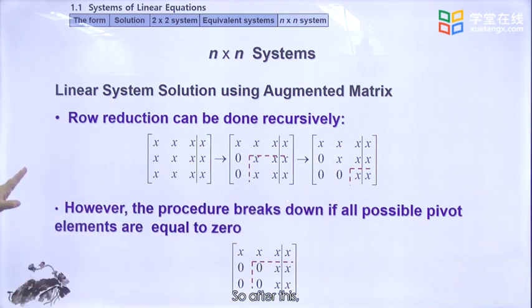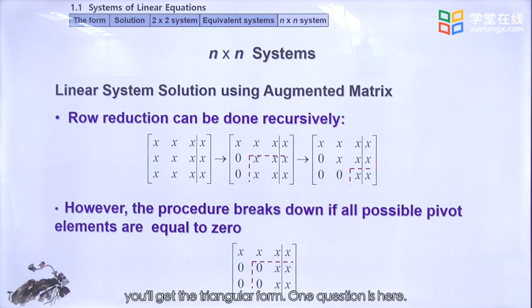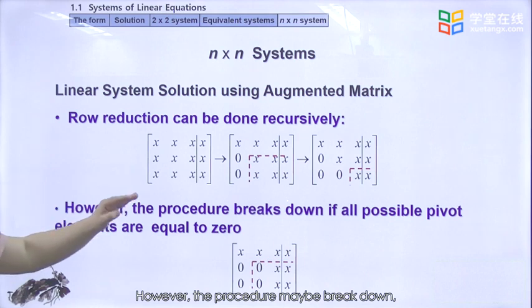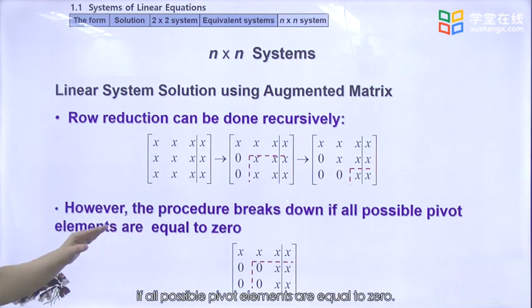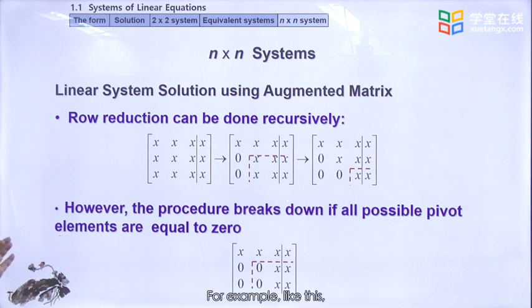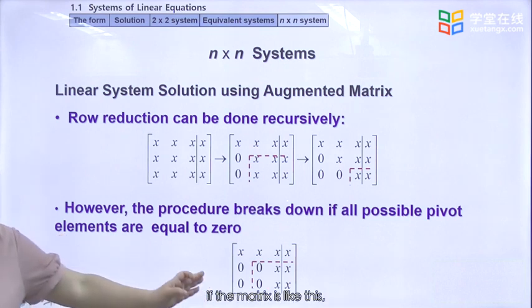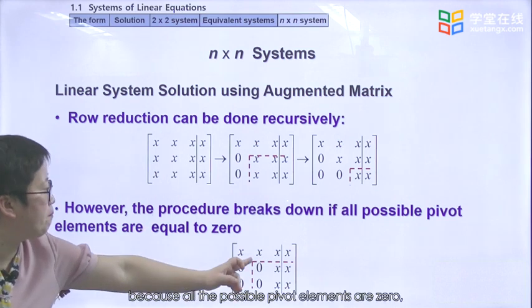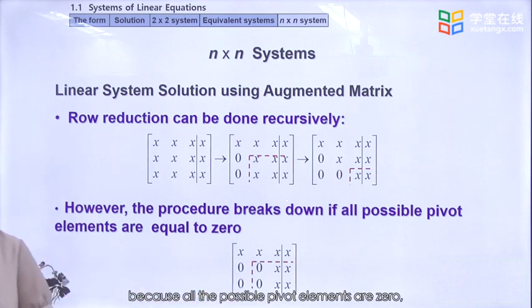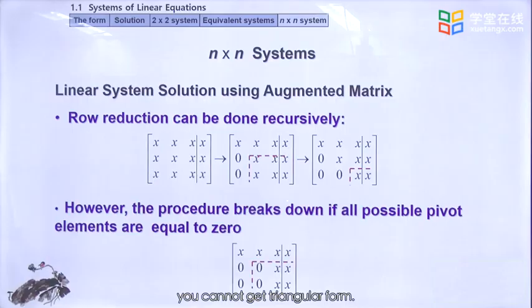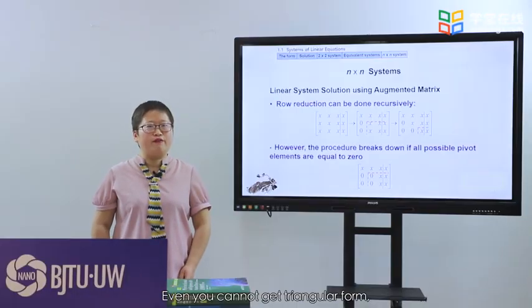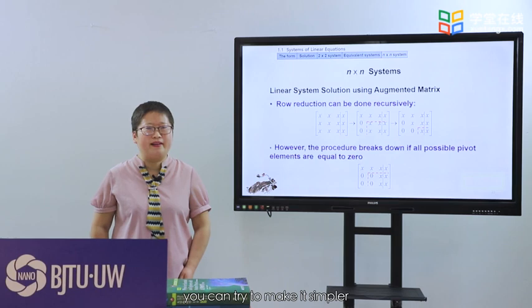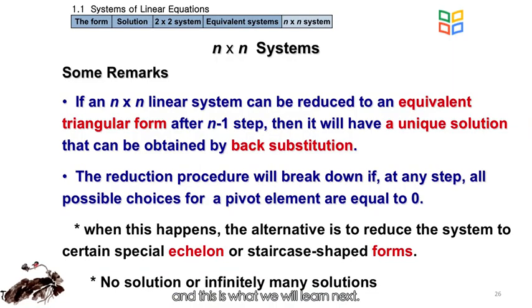After this, you will get the triangular form. One question is, however, the procedure may break down if all possible pivot elements are equal to 0. For example, like this matrix, because all the possible pivot elements are 0, you cannot get a triangular form. Even if you cannot get a triangular form, you can try to make it simpler. This is what we will learn next.